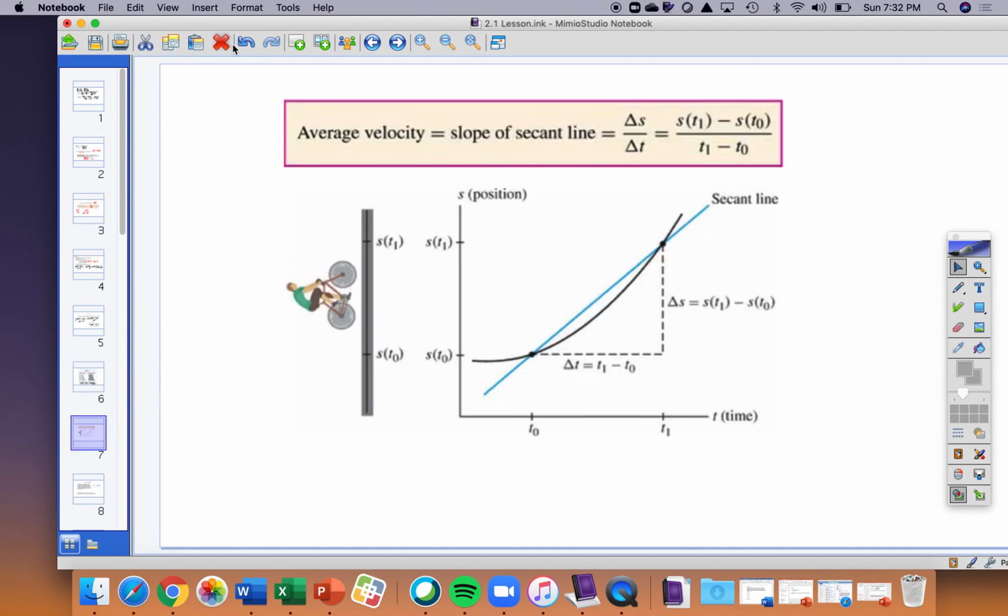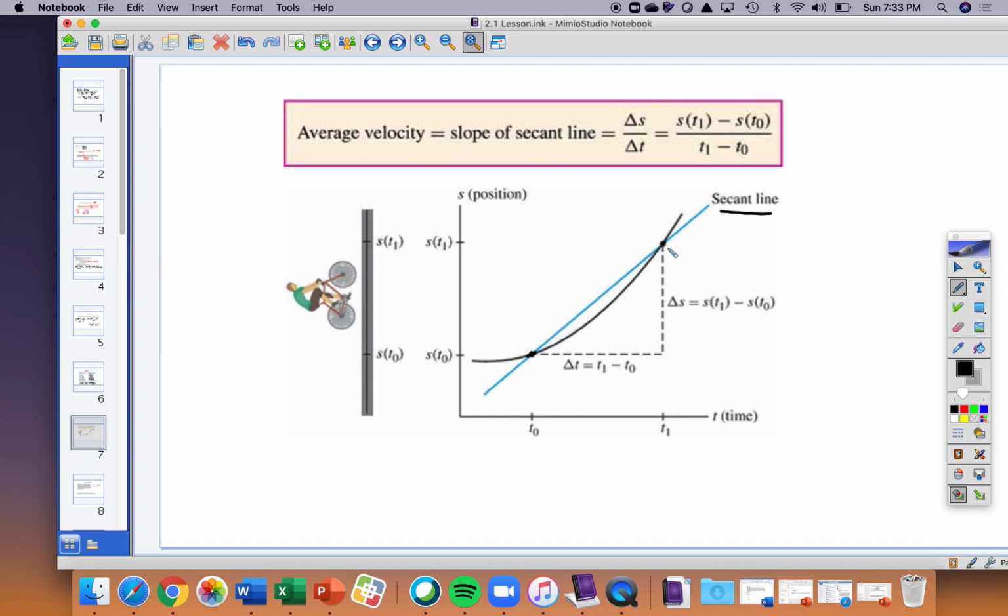Okay, now, what did we just do? Graphically, this black line here is my position function. This blue line represents what's called a secant line. A secant line is a line that goes through 2 points. See that?